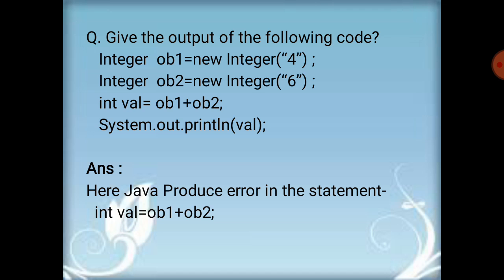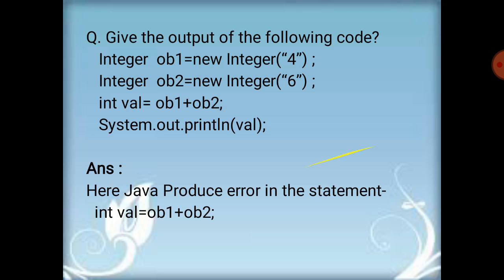When we execute this program, Java produces an error in the statement int val = ob1 + ob2, because ob1 and ob2 are Integer type objects, not primitive values. So the operator plus cannot be used with Integer objects.